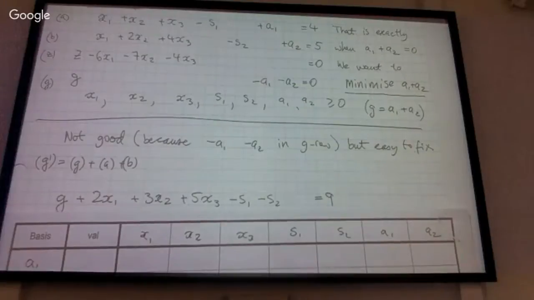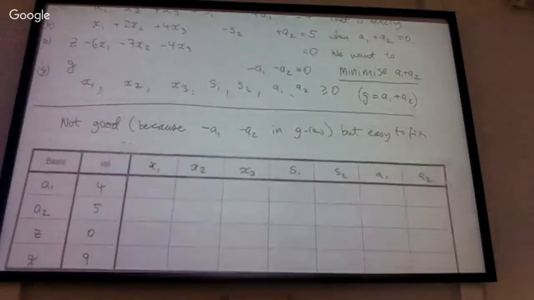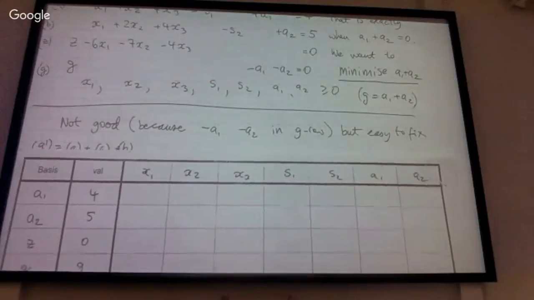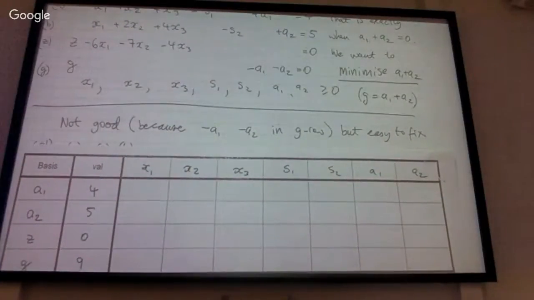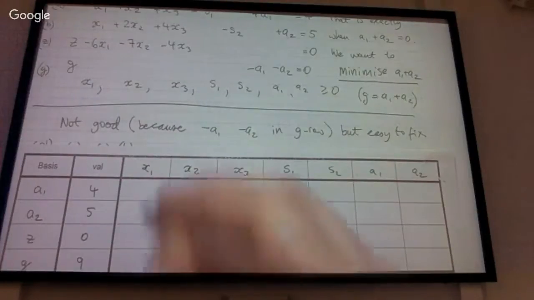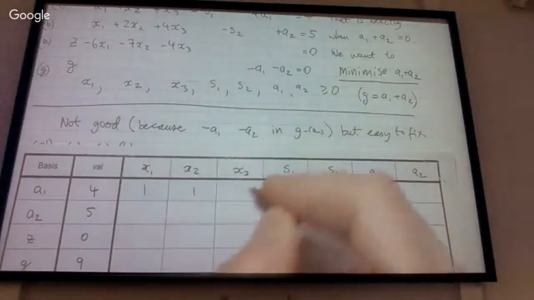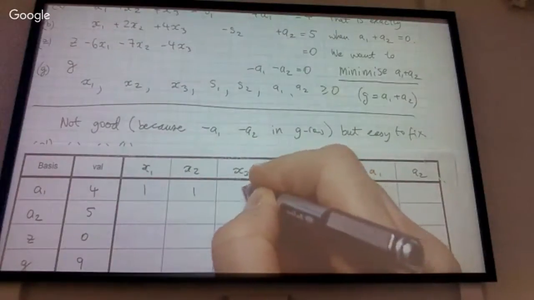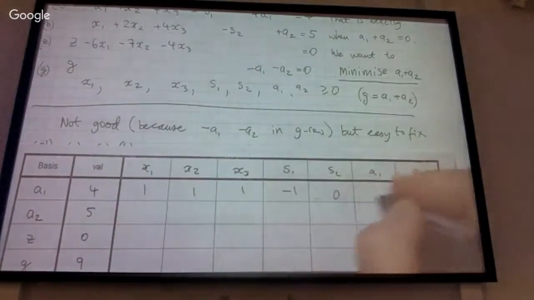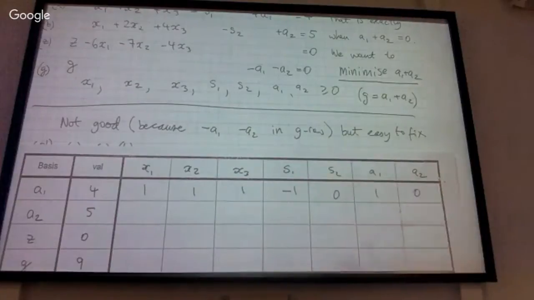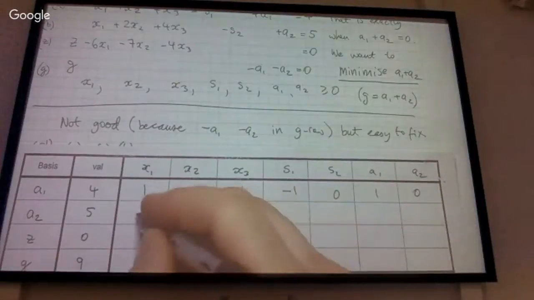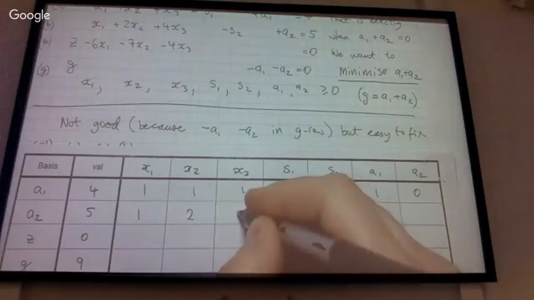The values are 4, 5, 0, and 9. Well, you can't see it, but I can. And I'm just going to put all the coefficients there. 1, 1, 1, minus 1, 0, 1, 0, I think. Well, you can do it yourselves, because you know enough.